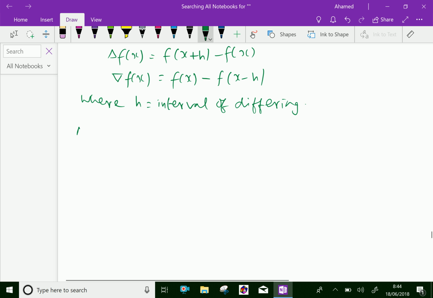Now we'll find delta multiplied with inverted delta equal delta into inverted delta of f of x, which is equal delta into inverted delta f of x.